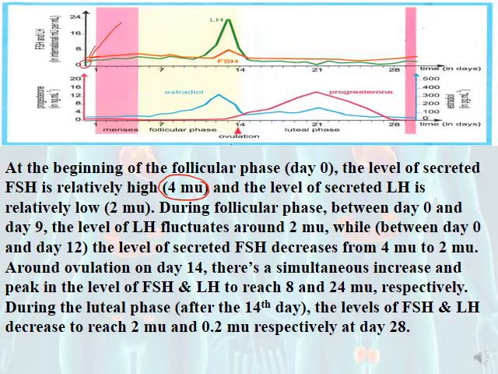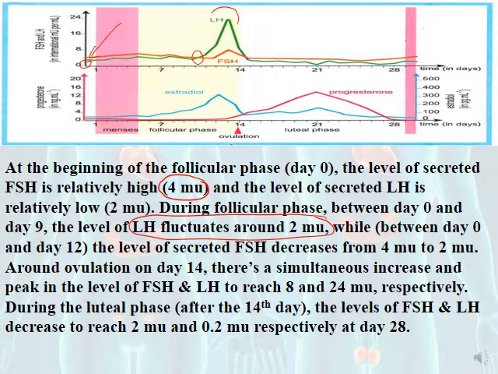During the follicular phase between days 0 and 9, the level of LH fluctuates around 2 mu, while between days 0 and 12, FSH decreases from 4 to reach about 2 mu.